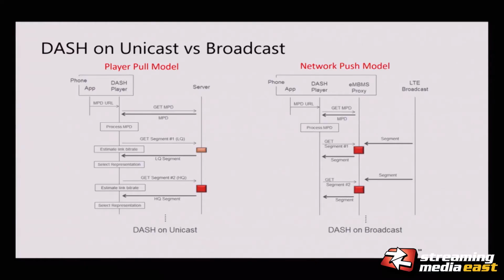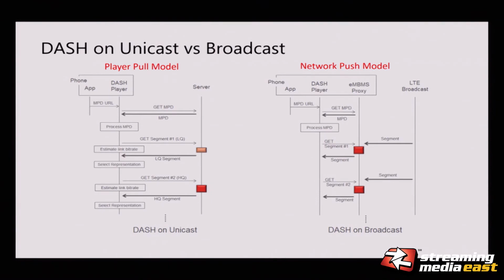For LTE broadcast, by the way, this is the 3GPP work, which was also one of, I'm not sure if Iraj had it in his slide, but there is another group also working on Dash in 3GPP. And so here, it is what we call a network push model, and we'll understand shortly why this is important. Here, the idea is that the MPDs actually get pushed out, and this is again for broadcast.